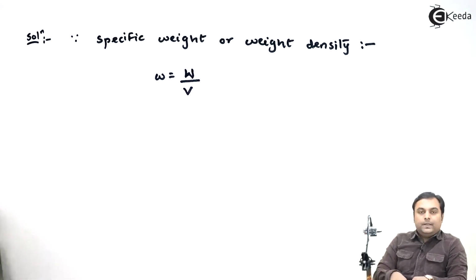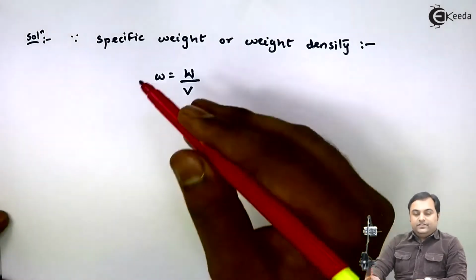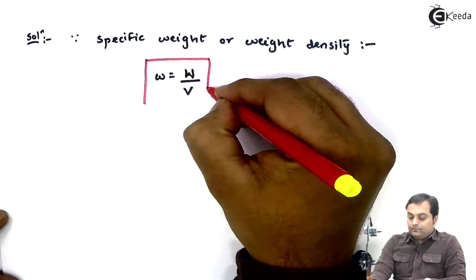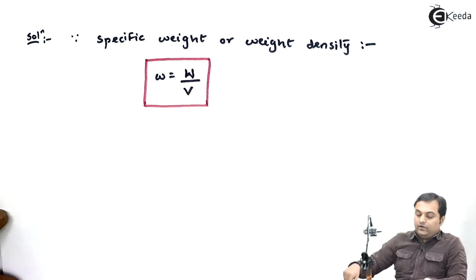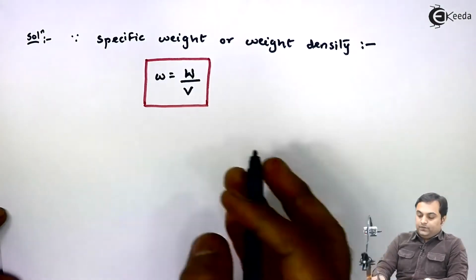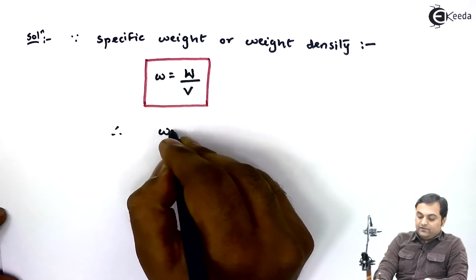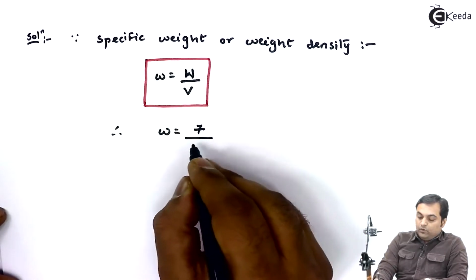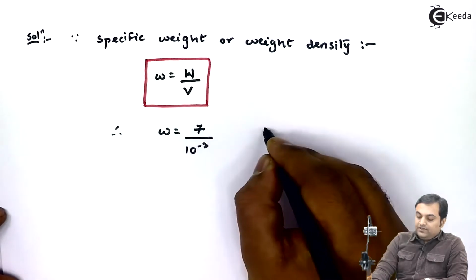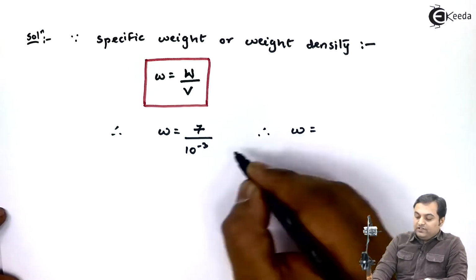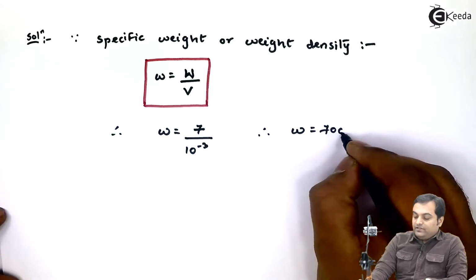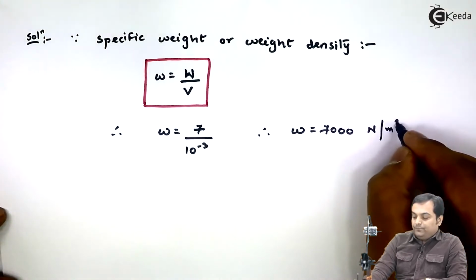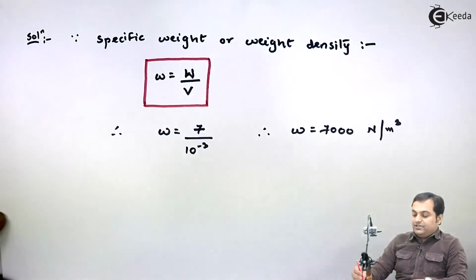This is the relation. Weight density is the ratio of weight upon volume. Now I'll put the values here. So specific weight will be equal to weight of the liquid, which is 7, divided by volume, 10 raised to minus 3. So specific weight comes out to be 7000, unit is Newton per meter cube. This is the first answer.